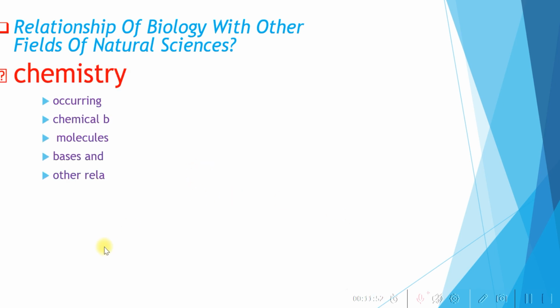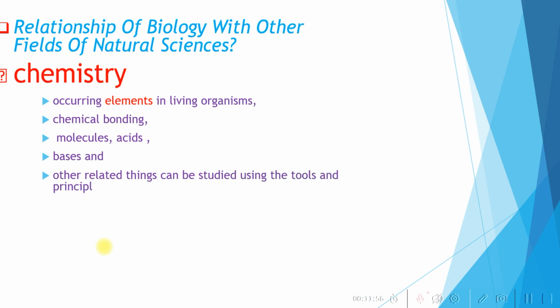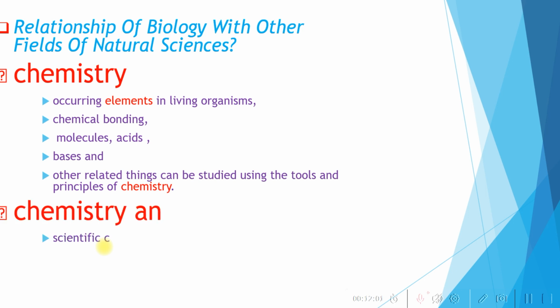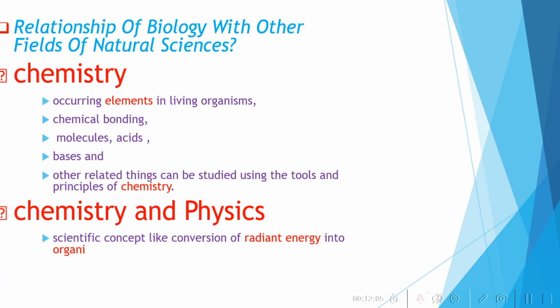Biology by itself is not an island. That means it can be linked with different fields of natural science. As an example, let's see some of the fields that are related with biology.